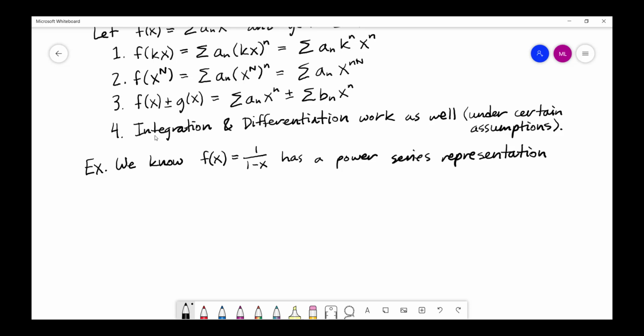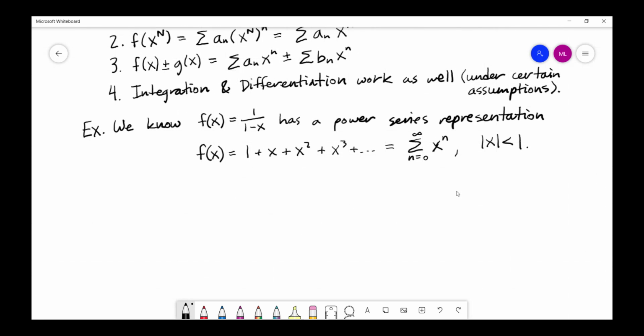Again, this comes from the geometric series: f of x is equal to 1 plus x plus x squared plus x cubed plus dot dot dot, which if we write that out, is the sum from n equals 0 to infinity of x to the nth power. And again, this all assumes that the absolute value of x is less than 1. So we know that if this is the f of x we're interested in, here's its power series representation.